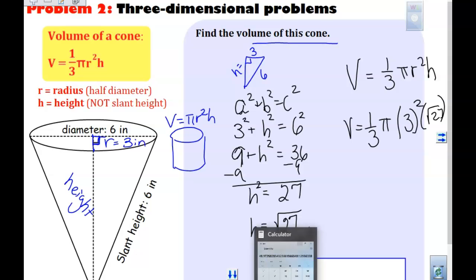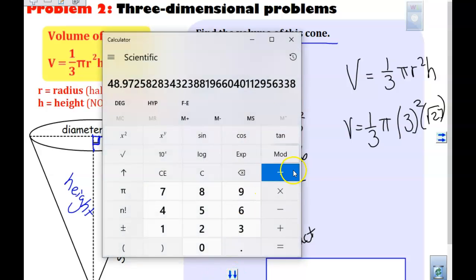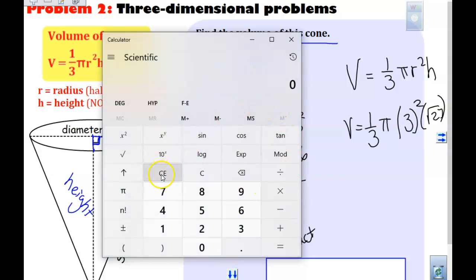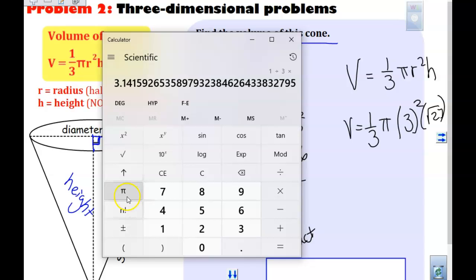As I'm putting this in my calculator, I want to make sure I'm putting everything in, keeping in mind that when you are putting in 1/3, that means 1 divided by 3. Then times, find the pi button on your calculator. 1/3 is 0.3 repeating. If you're not punching it in, please do so because I want to make sure you get the same answer that I do.